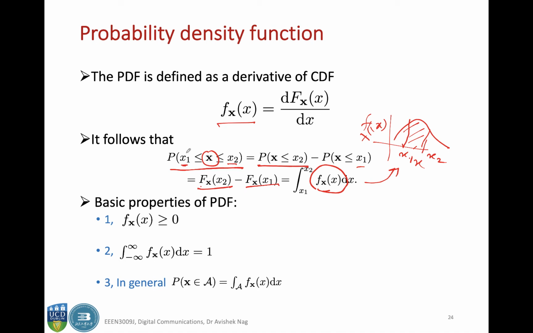So if you take x1 as minus infinity and x2 as plus infinity, you are spanning the entire sample space, and in that case the value will be 1. In general, the probability that your random variable x falls within an area A is the integral of the PDF over all values that fall within the area A. So this is the general expression.